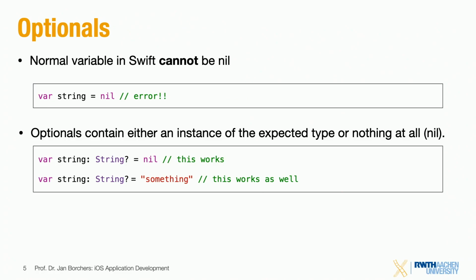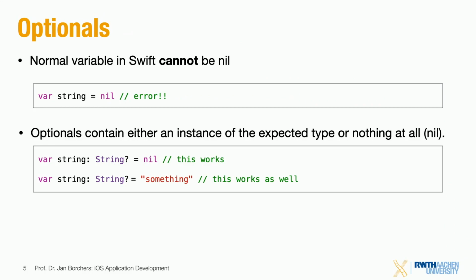So String question mark is a String optional. That is its type. String is one type, String optional is a completely different type. So the question mark signifies that this is an optional. An optional we can set to nil, that works totally fine, or we can put a string in there.